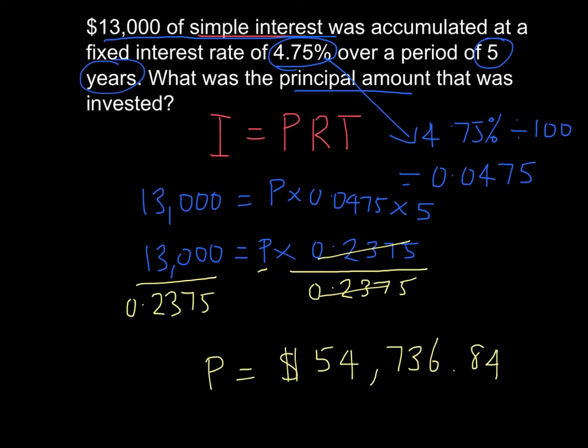So originally, the person had invested $54,736 at that interest rate over 5 years, and that would accumulate, if you put it back into the original formula, $13,000 of simple interest.